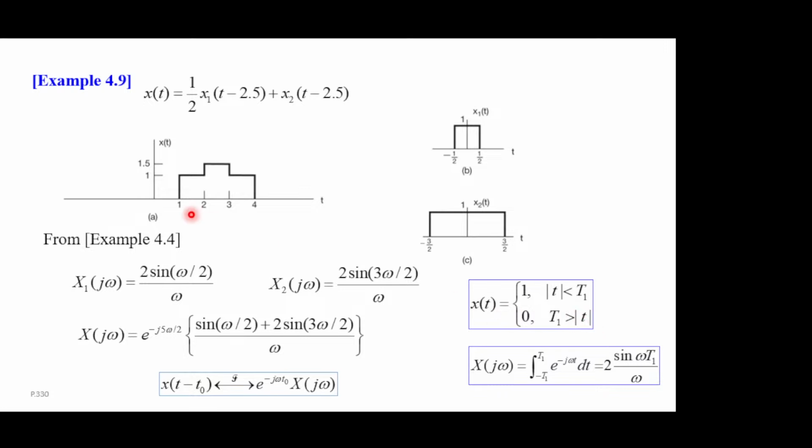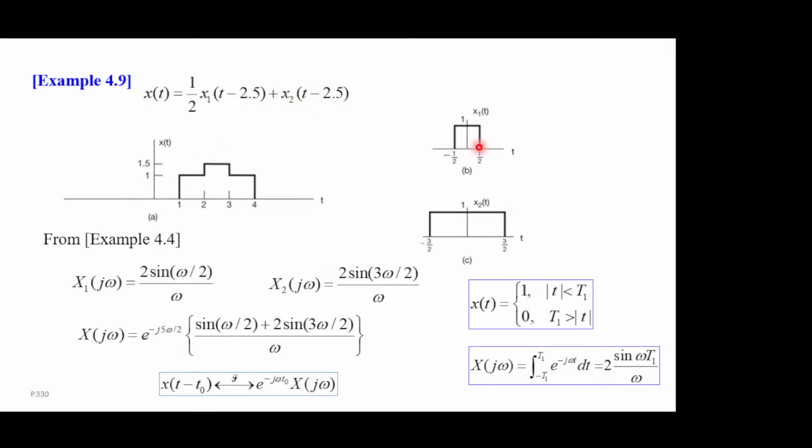So we think this function is actually a square function with width 1, so we'll account for this part, with height 1/2. And another square function that has width 3 here, and height 1.